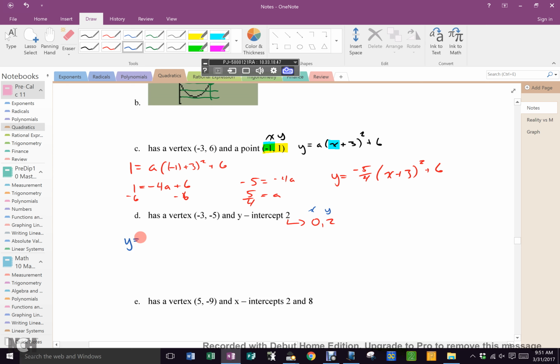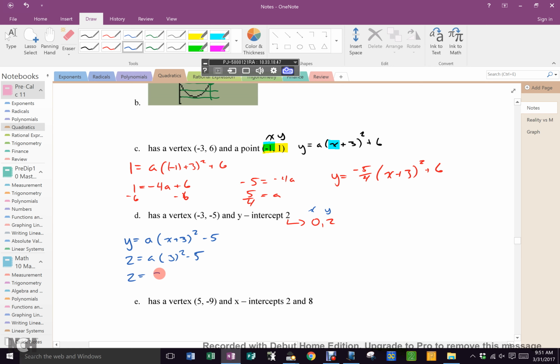What is it? Y equals a, x what? Plus 3 squared minus 5. And what goes in here? 2 equals a. 0 plus 3 is 3 squared minus 5.